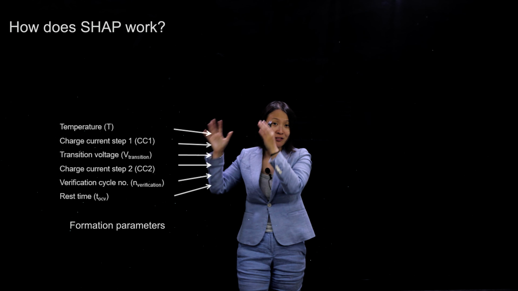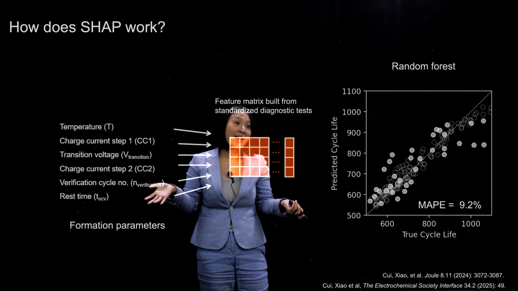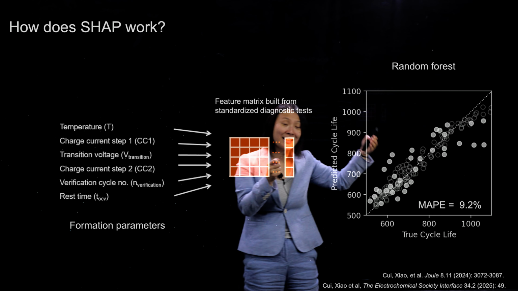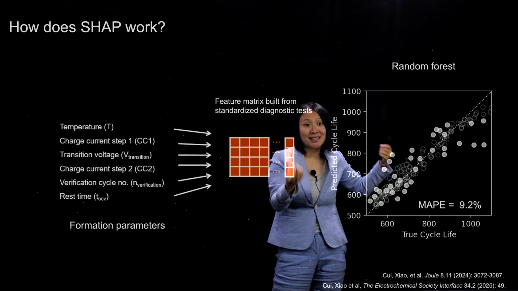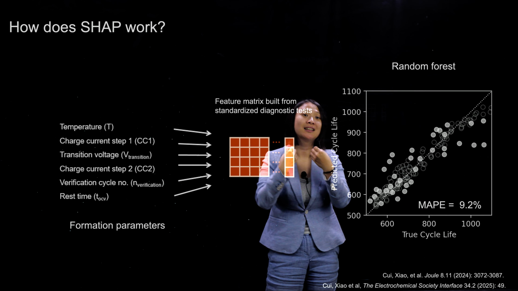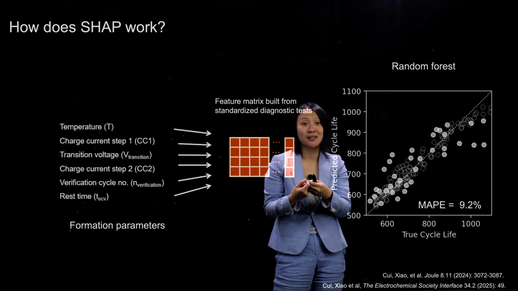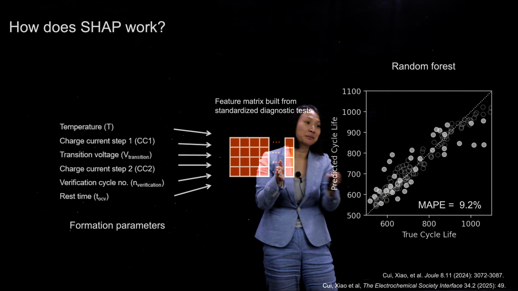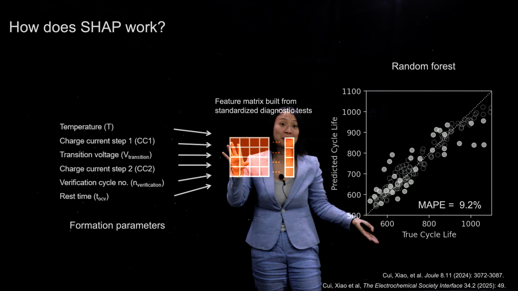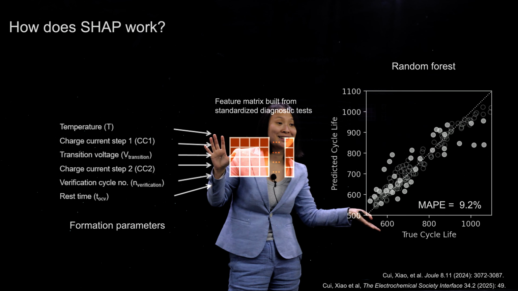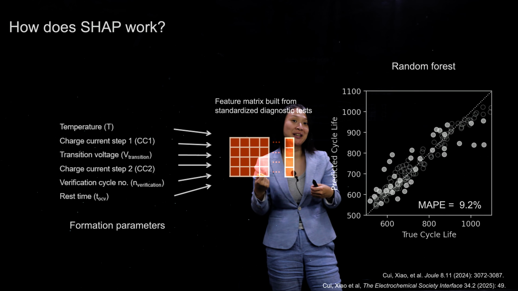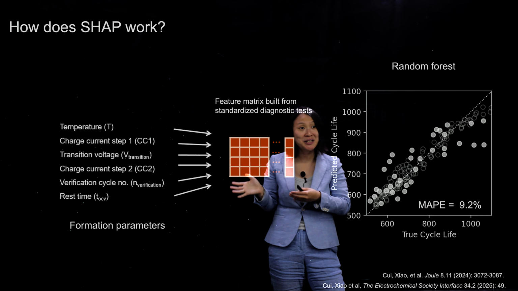So with different formation protocols, we can extract different features from the early battery cycling data. In this case, the feature matrix is built from the diagnostic features from the standardized diagnostic tests during the aging tests. The data from this example is taken from the research papers shown at the bottom of these slides for those who are interested in knowing more about the battery degradation mechanisms and battery formation.